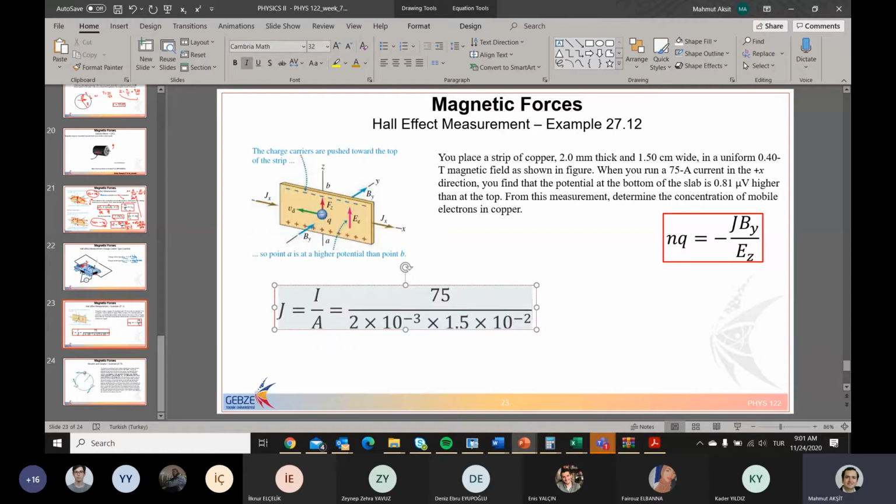That's your current density, and that should be about 2.5, 25, sorry. 25 times 10 to the 5 amperes per meter square.